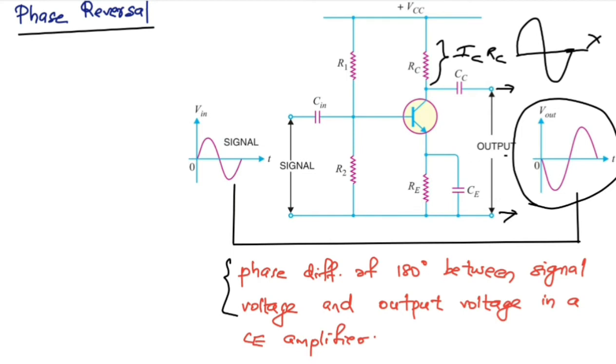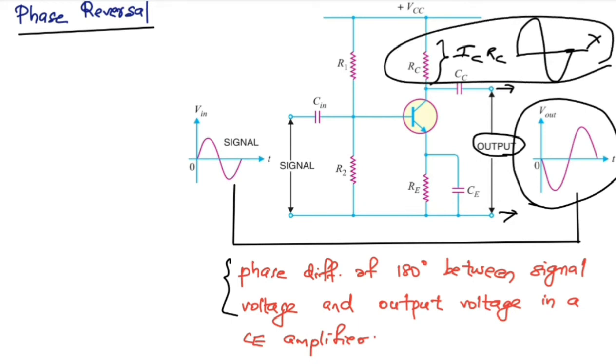So we take the output from this point and give it to the next stage. For practical purposes we are not using the other case. We always take the output across collector and ground.